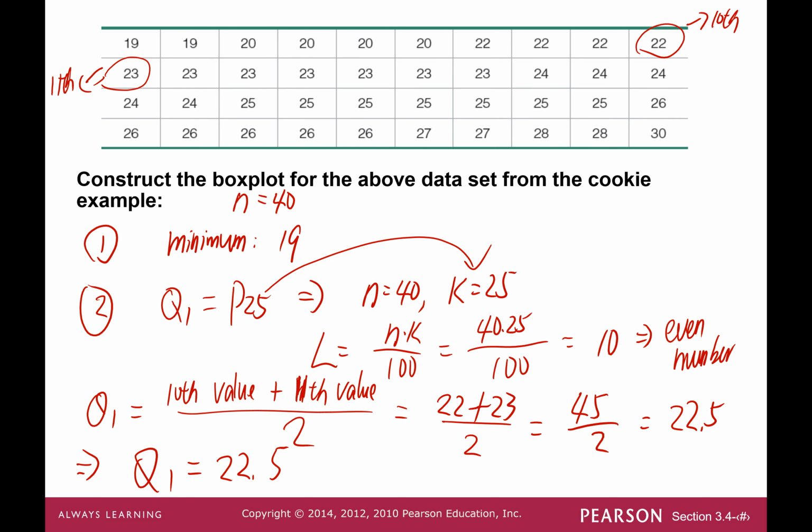Okay. Now we're going to move on to quartile 2. Quartile 2 is the same thing as the median. That's the third number we're looking for. You can go back to the table one more time. The median must be between the 20th data value and the 21st data value, so the median is right in the middle of those two.